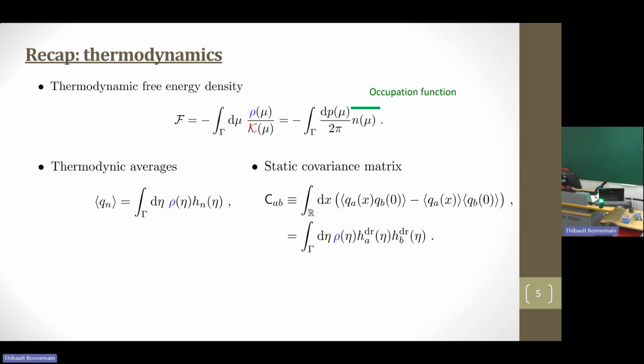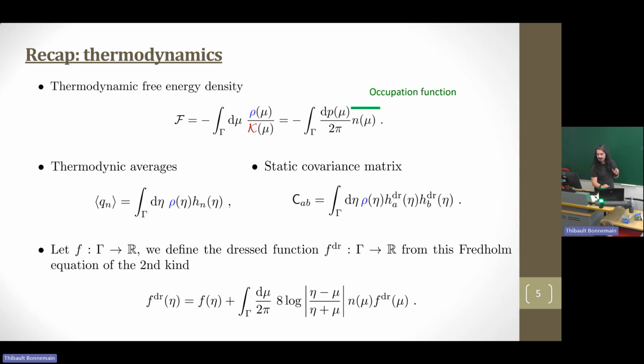And I also wrote the expression for the static covariance matrix, which is the integrated correlation function between the charges, and it takes also this rather compact formula that involves the dressing of the function h.